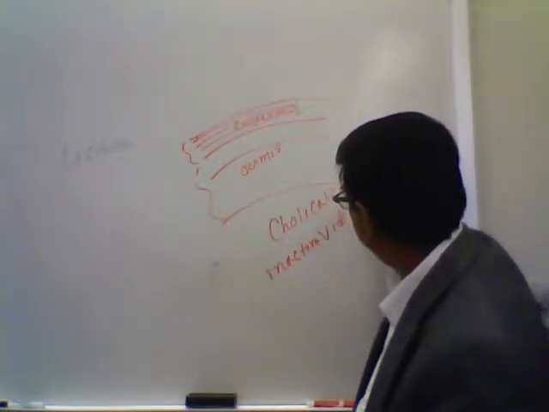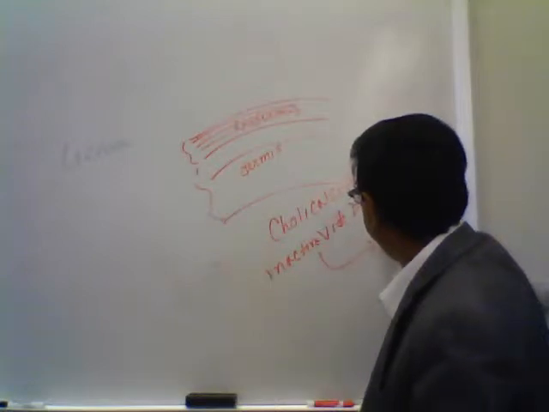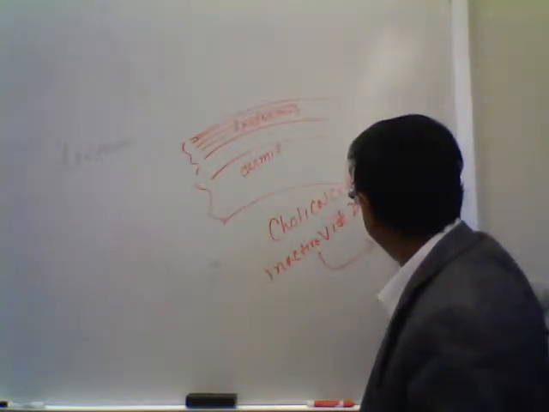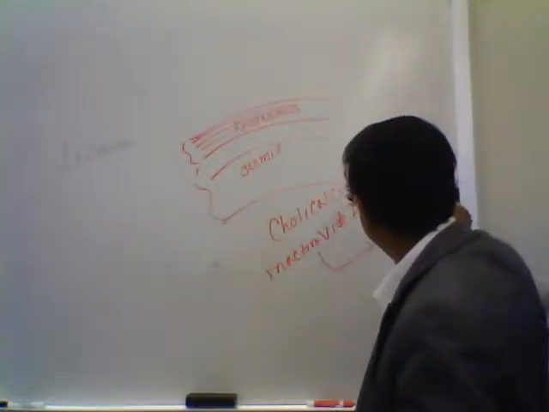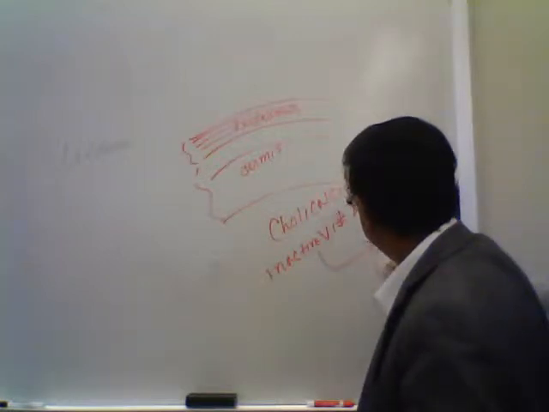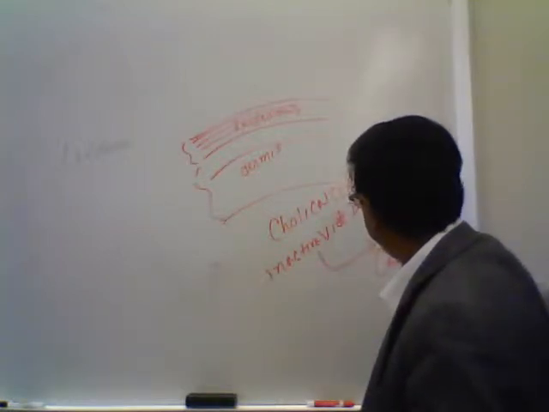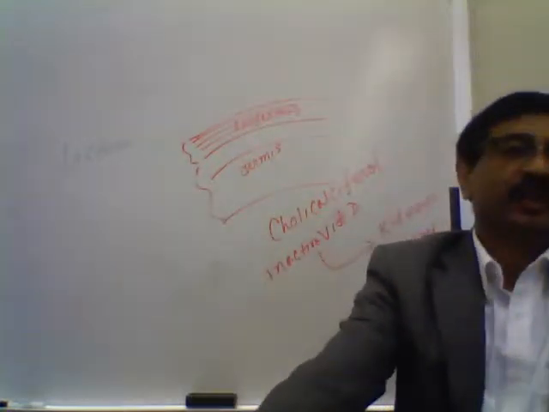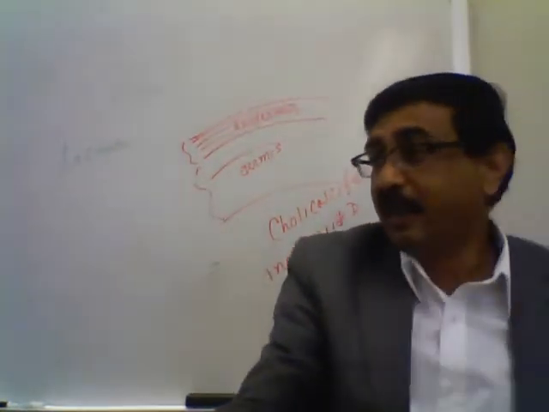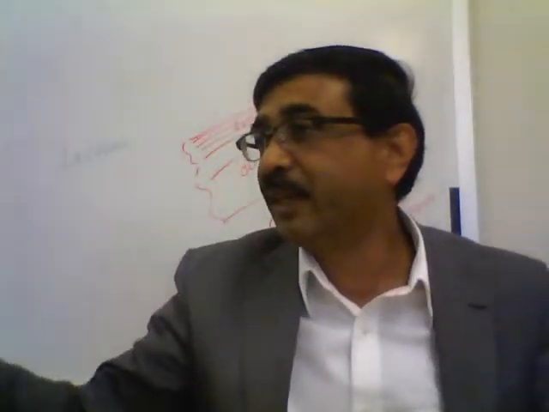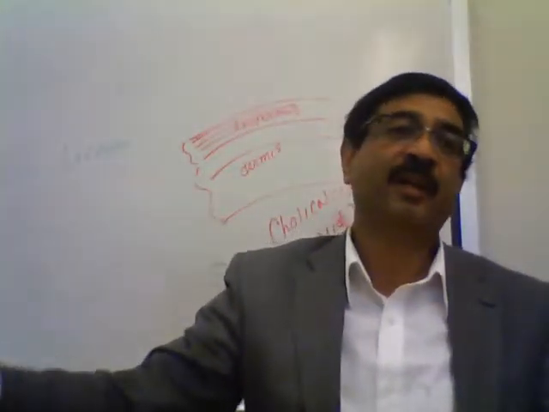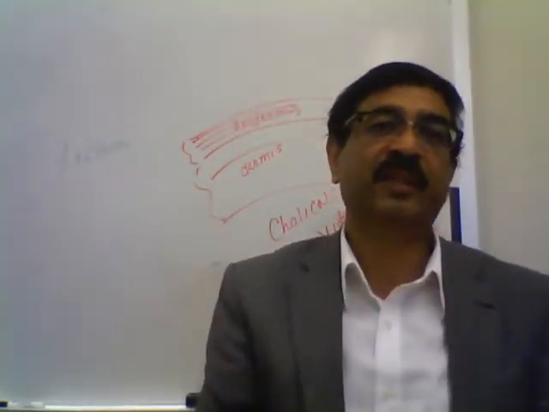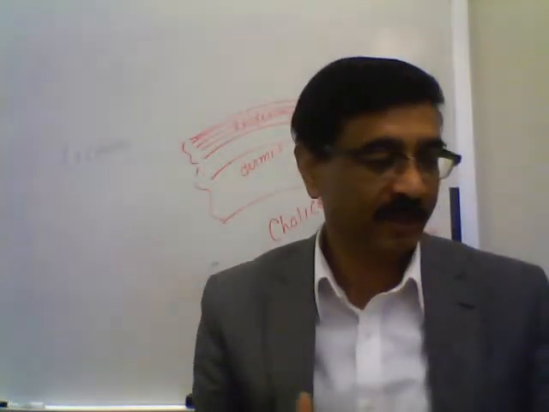This cholecalciferol goes to the kidneys where it is converted to calcitriol. And calcitriol is the active vitamin D. So now we can say that by producing cholecalciferol, your skin helps in the synthesis of vitamin D, calcitriol.